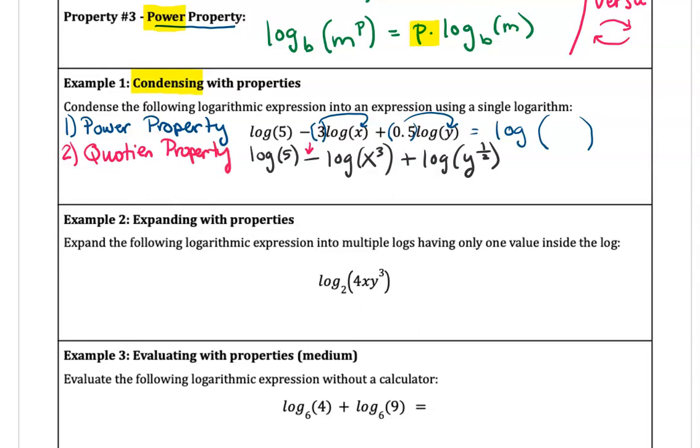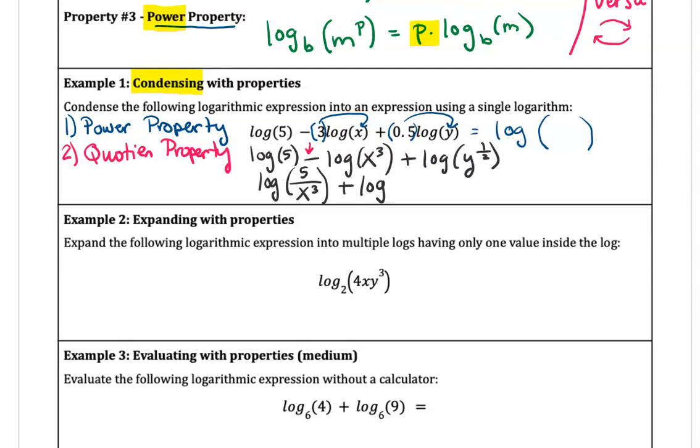And that property says that if you're subtracting two logs, that means you're subtracting two exponents. The only time we subtract exponents is if we're dividing the results of those exponents. So the log of 5 minus the log of x cubed is equivalent to the log of that quotient, 5 over x cubed.